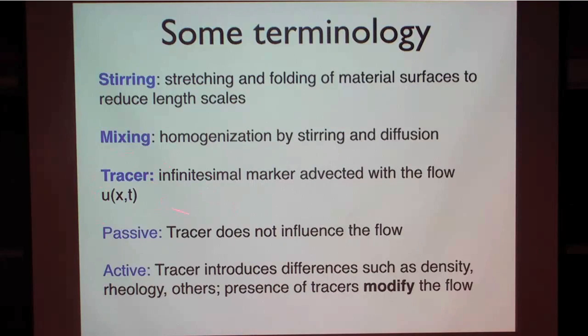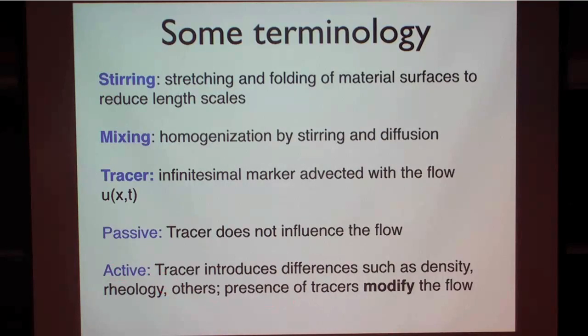To understand the flow, we will often use tracer particles. We'll introduce tracer particles, and that can be a dye, or more likely in a numerical model, an infinitesimal marker that moves with the flow. If we have a velocity field, we can integrate that through space and time in order to follow the infinitesimal marker. These markers can either be passive, in which case they just go with the flow and are just used to see what's happening.